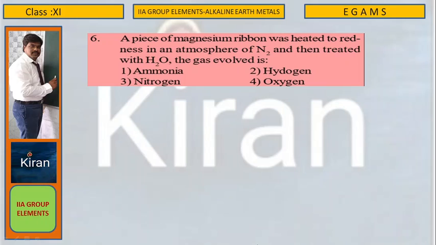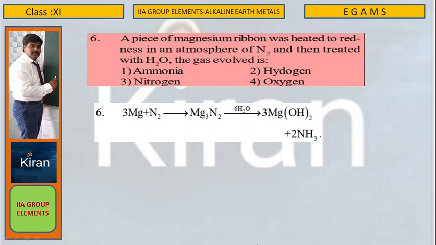A piece of magnesium ribbon was heated to redness in an atmosphere of N2 and then treated with H2O. Which gas is evolved?